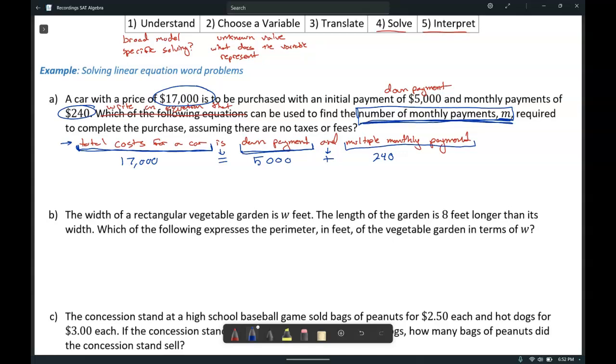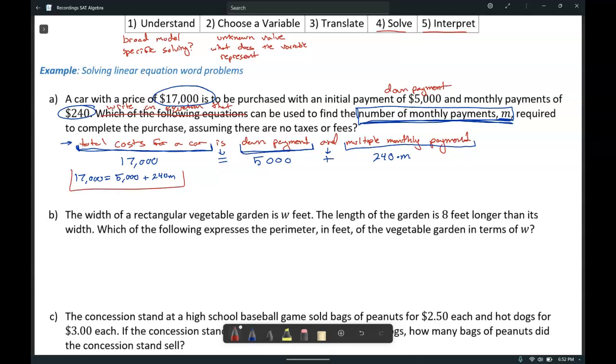When we're making $240 monthly payments every month for some number of months, we multiply those values together, so 240M. This gives us the general structure for our equation: 17,000 equals 5,000 plus 240M. Now we have an equation.